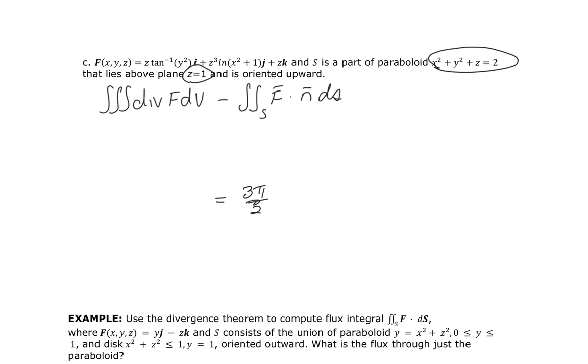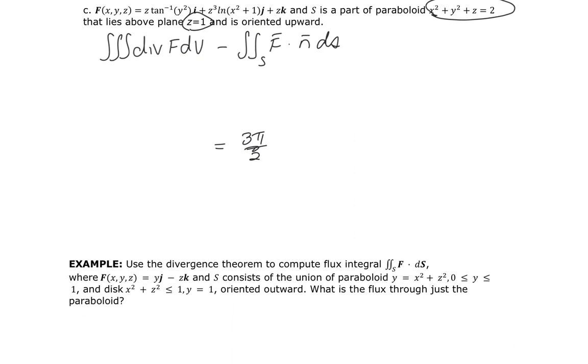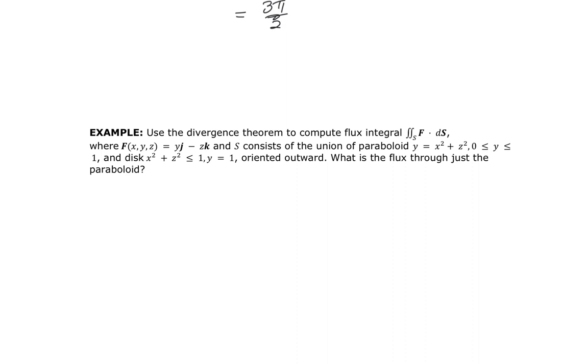All right. What about this next one? Use the divergence theorem to compute the flux integral, where F consists of the union of this paraboloid and this disk, oriented outward, versus the flux through just the paraboloid. Okay, so guess what? This is one where I can just do the divergence, which is going to be lovely. So I'm going to do the divergence of F first.